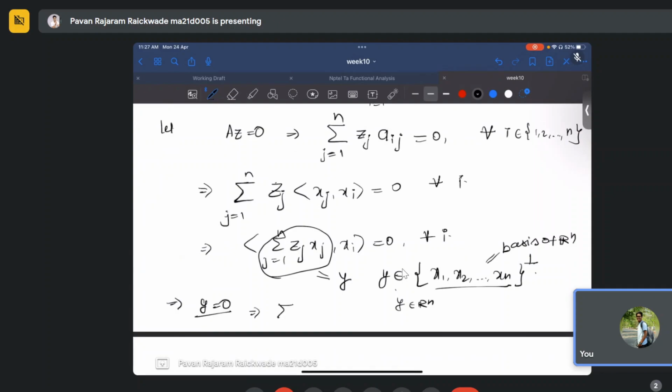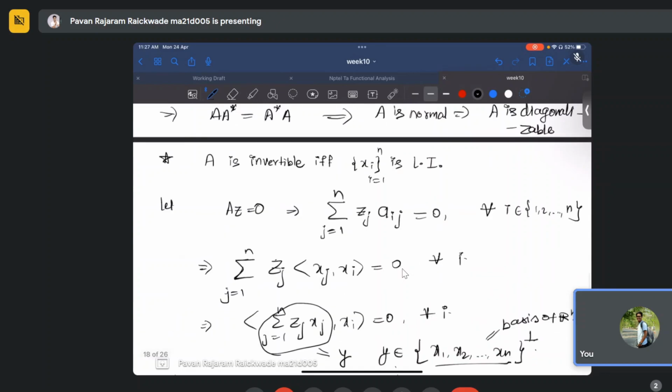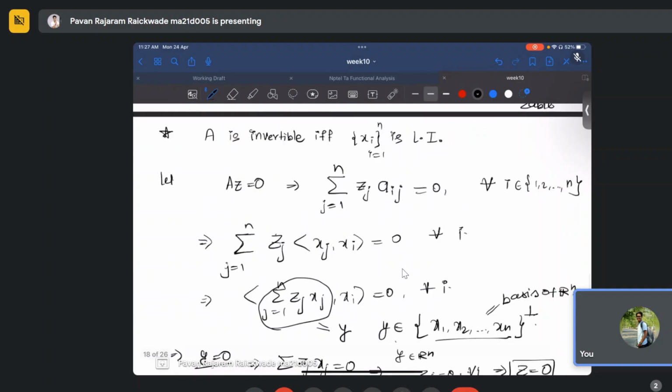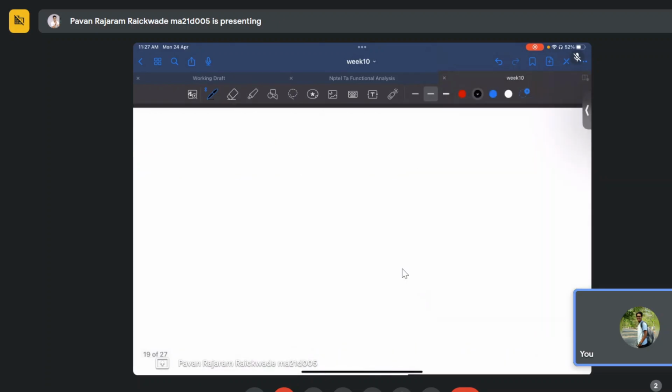That means the summation of zj xj is 0, but the xi are linearly independent, so zj equals 0 for all j, which implies z is 0. So Az equals 0 implies z equals 0. That means A is invertible. So one side we have done.